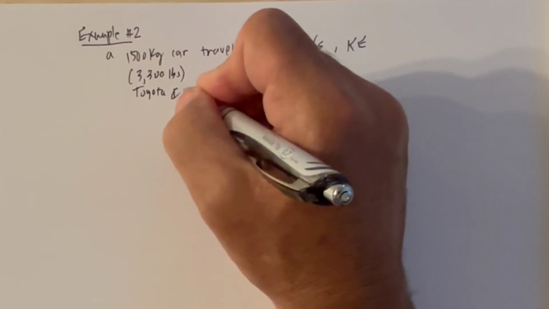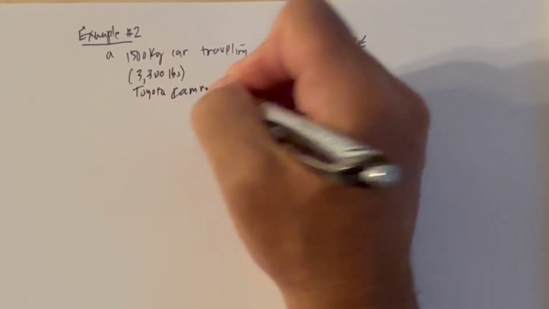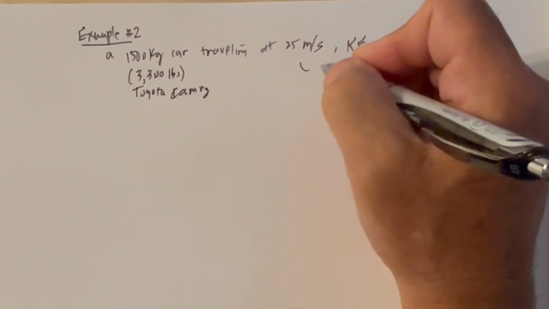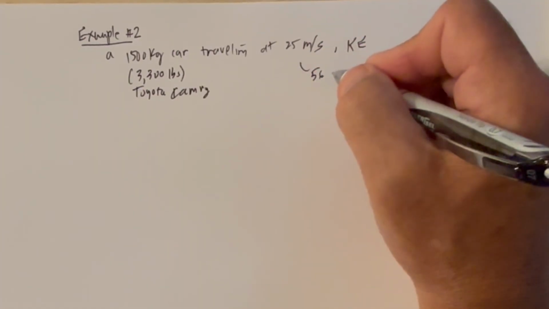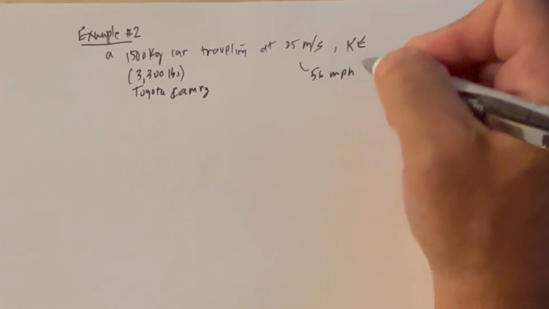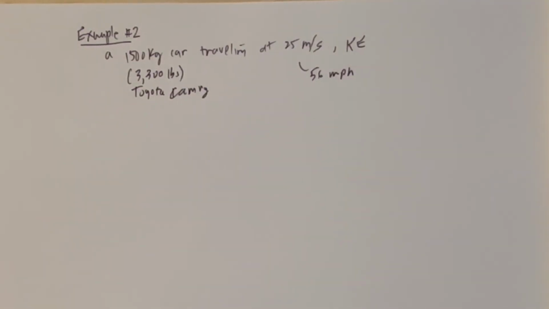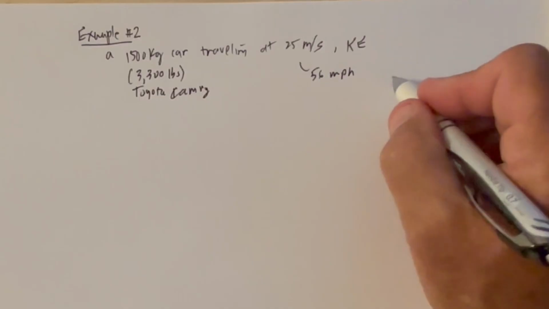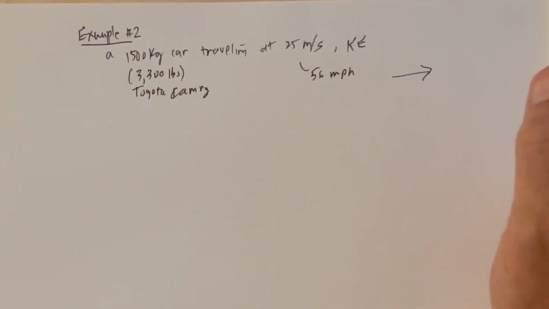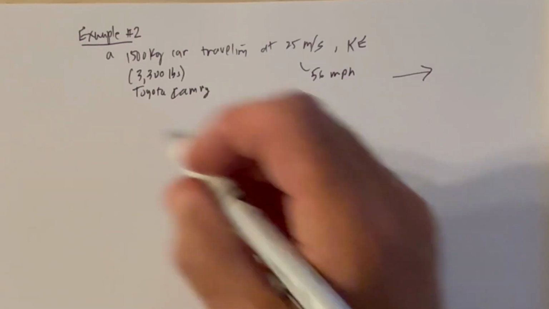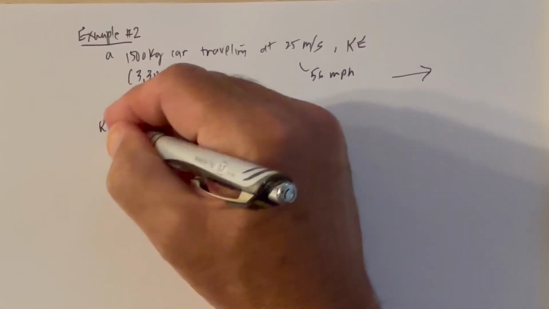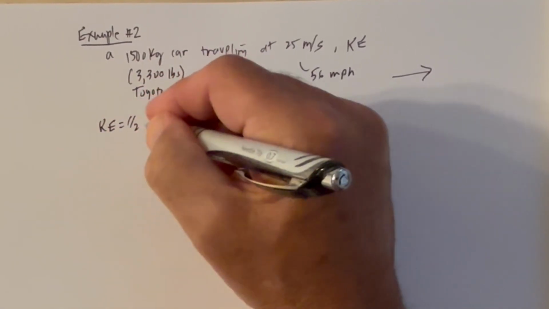And 25 meters per second is equivalent to 56 miles per hour. So basically we have a Toyota Camry traveling down the highway at about 56 miles per hour in English units. So it's a realistic problem.